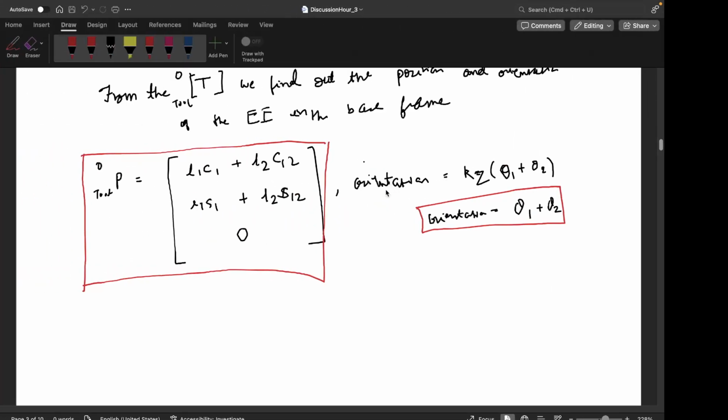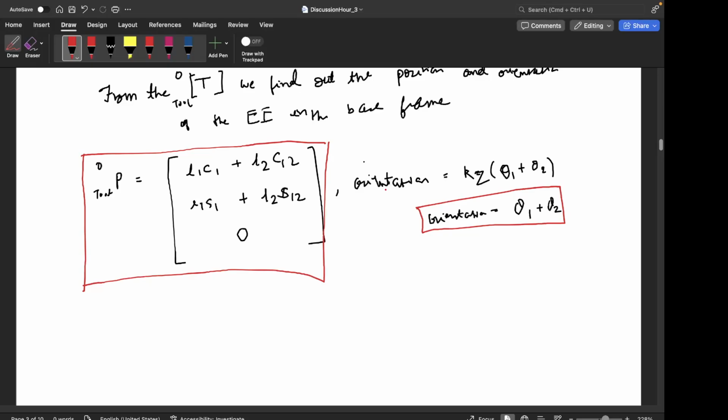Okay, so what we discussed just now is the forward kinematics or the direct kinematics of a 2R manipulator, and the same process can be repeated for any robot once we basically write the DH parameters, and then the steps remain the same.